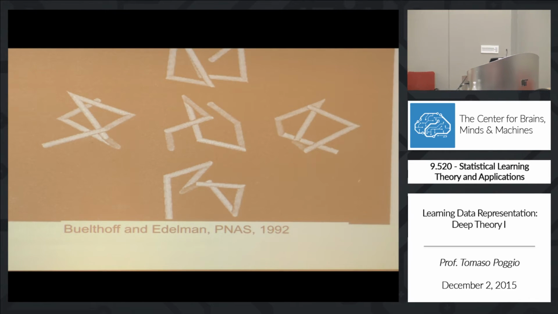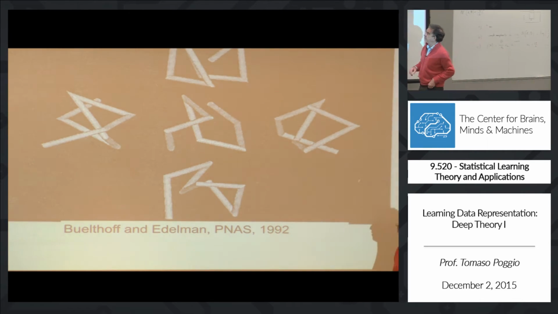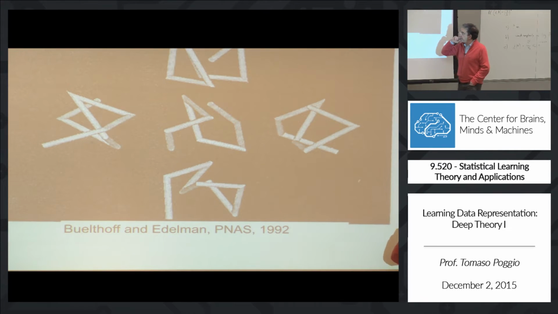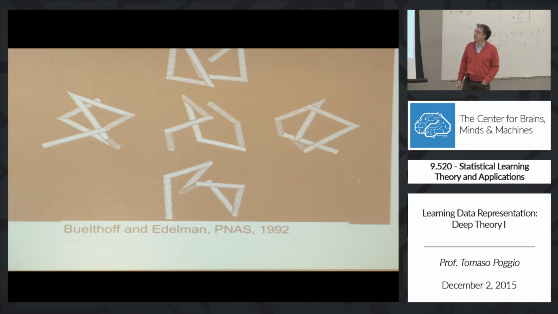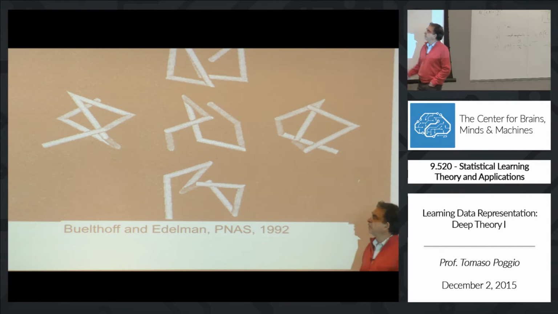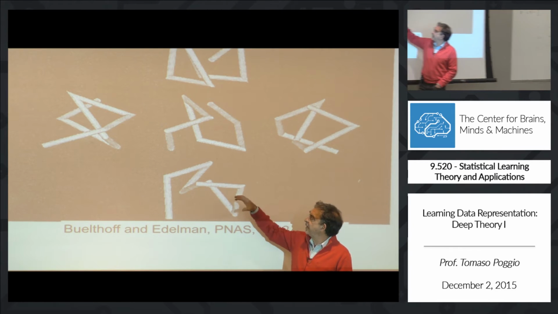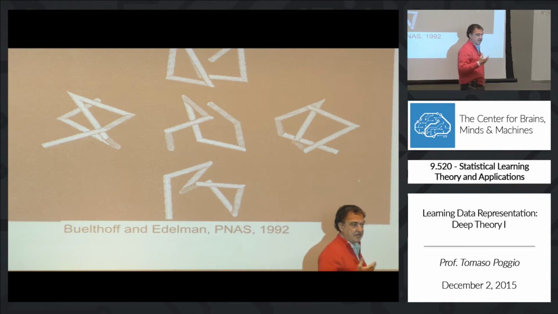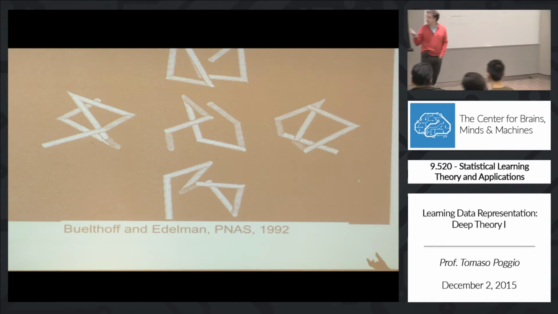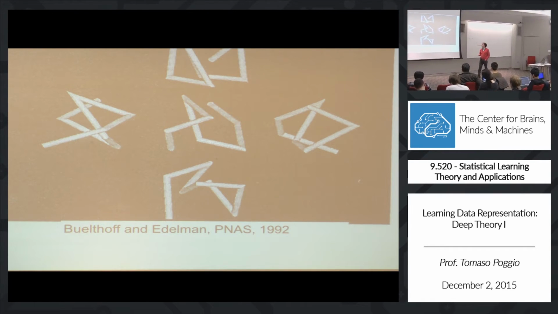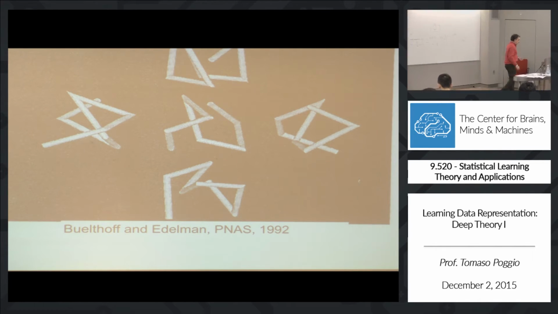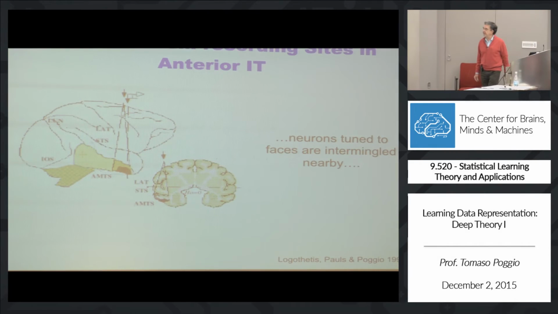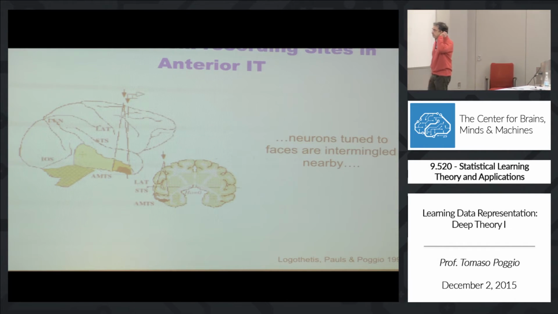These were 3D objects, like random paper clips, that were used in some experiments with people, so psychophysics, where the task was to recognize one of these objects under different distances or rotations in 3D, and so on. And the same objects were also used in studying neurons in the monkey.